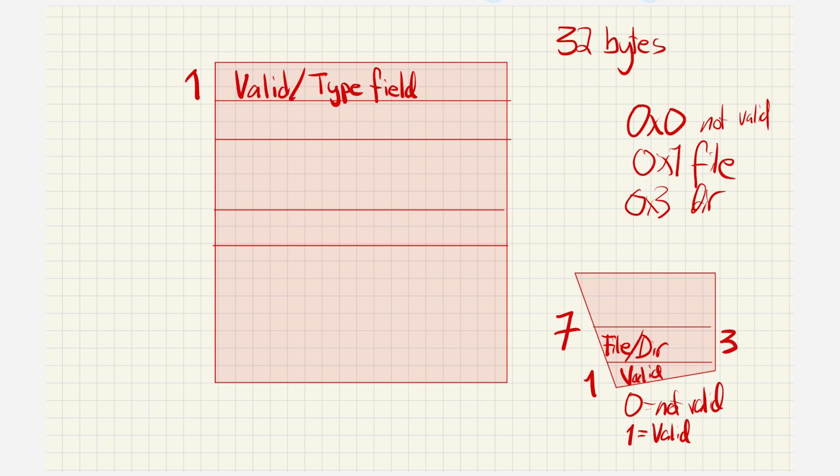So we can only use odd numbers for the valid. All right, so let's clean this up a little bit.